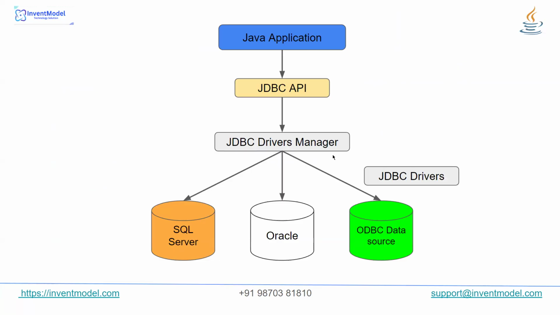The drivers interact like SQL Server to JDBC driver, Oracle to JDBC driver, and ODBC data source to JDBC driver. It means every database has its own unique JDBC driver. So if you are using SQL, then you need to add a SQL driver, and if you are using Oracle, then you need to add an Oracle driver.